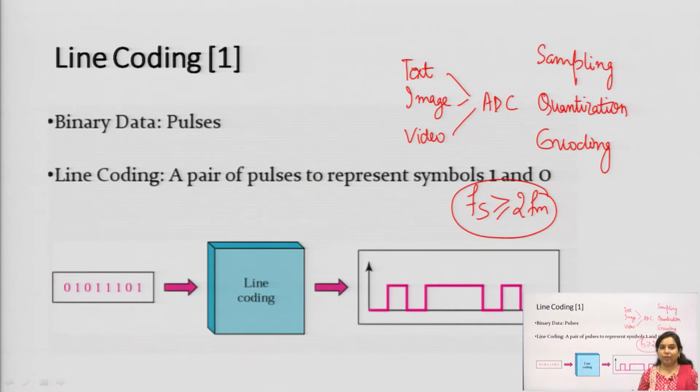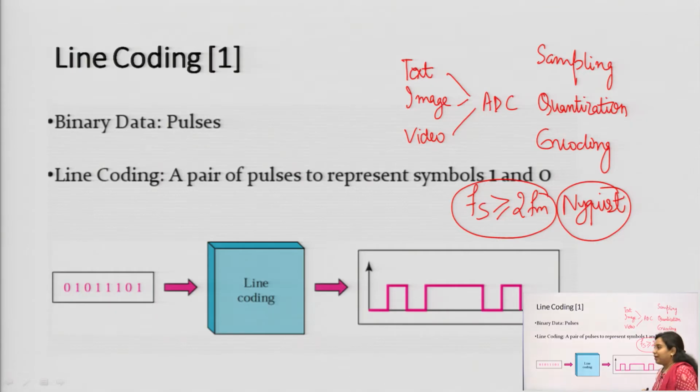Fs is the sampling frequency, the frequency you have chosen for sampling. Fm is the message signal frequency. You multiply it by 2, and the sampling frequency should be equal to 2 Fm or greater than or equal to 2 Fm. This is the main Nyquist criteria that you have to consider for sampling.